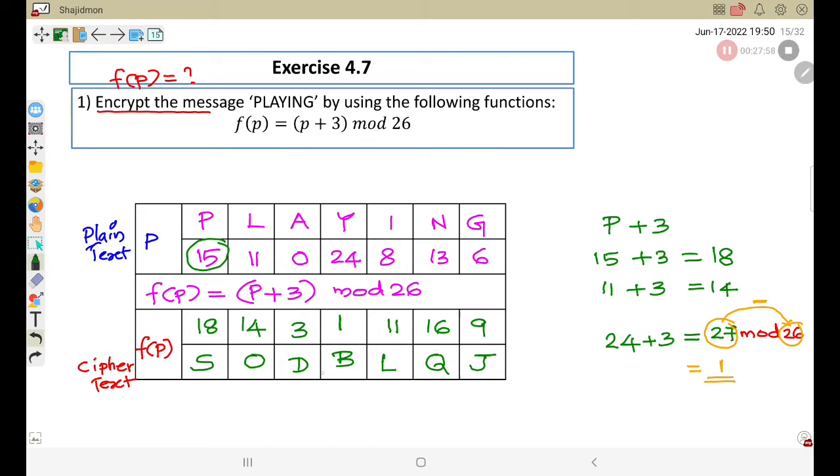You can see SODBLQJ. That is the encryption part of this question. I hope you understood. Only remember, when the number is more than 26, either you can use the shortcut, or the normal way: 27 divided by 26 and calculate the remainder.